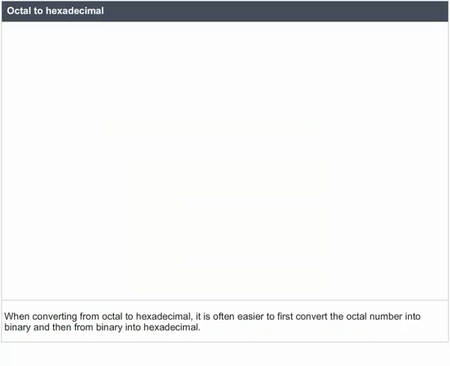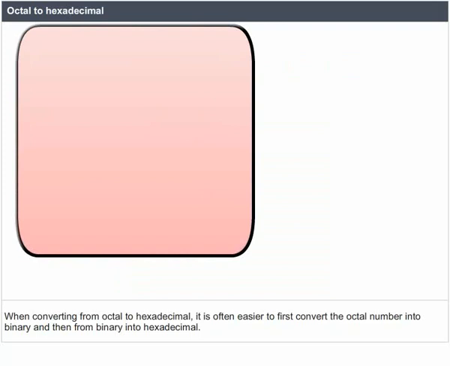Octal to hexadecimal. When converting from octal to hexadecimal, it is often easier to first convert the octal number into binary and then from binary into hexadecimal. For example, to convert 345 octal into hex, octal is equal to 345.